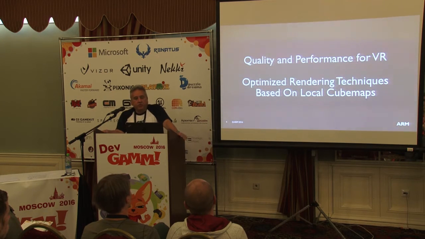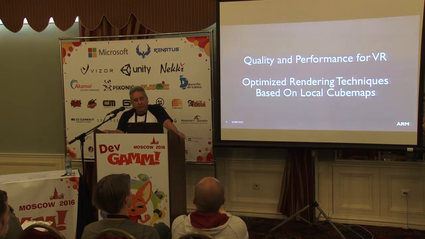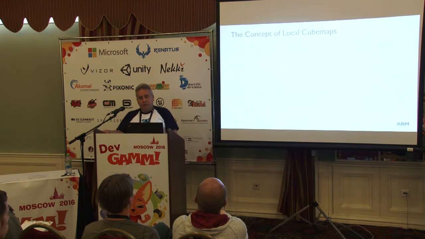But before introducing those techniques, shadows and reflections based on local cube maps, I would like to go very shortly through the concept of local cube maps. And I will introduce the concept of local cube maps independently of the use we make of it.